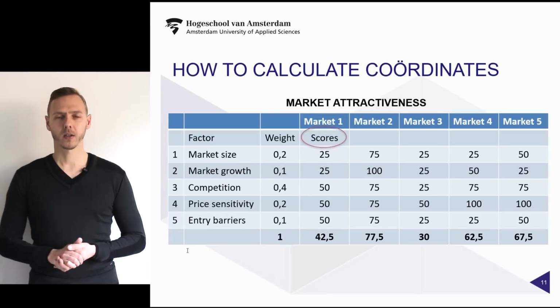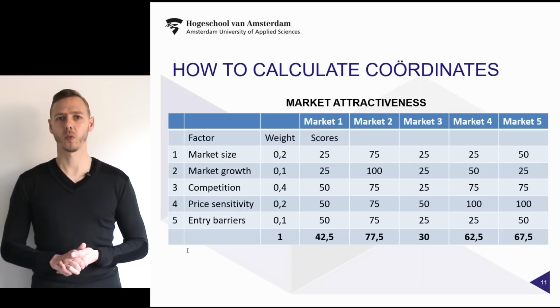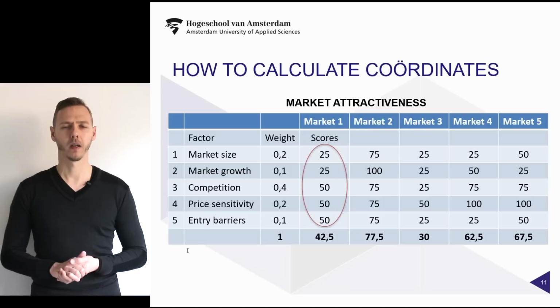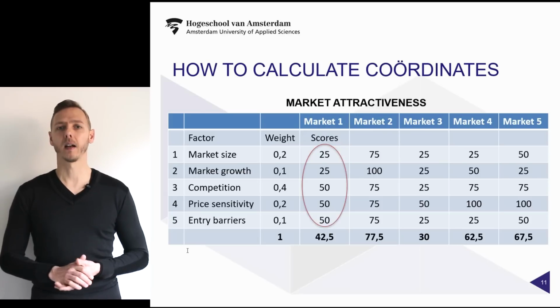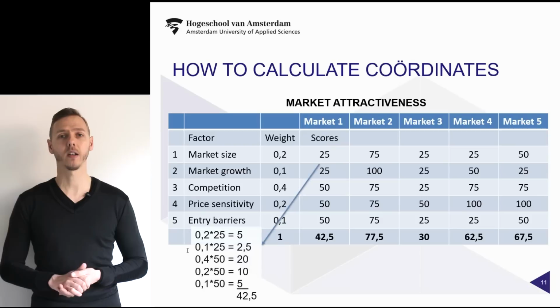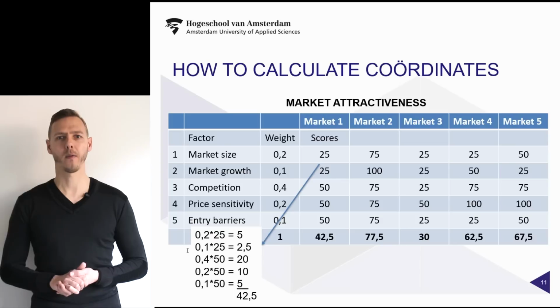Now, every market will probably score on these criteria, so we also use scores. The scores you can choose from 0 to 100 maximum per criterion. So, if a country scores really high on a certain criterion, then you do the weight times score, and this will give you a figure.